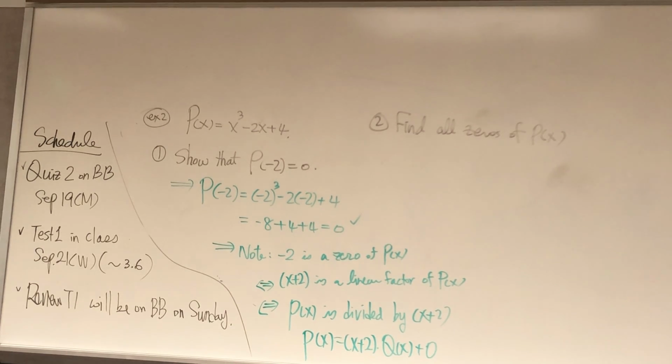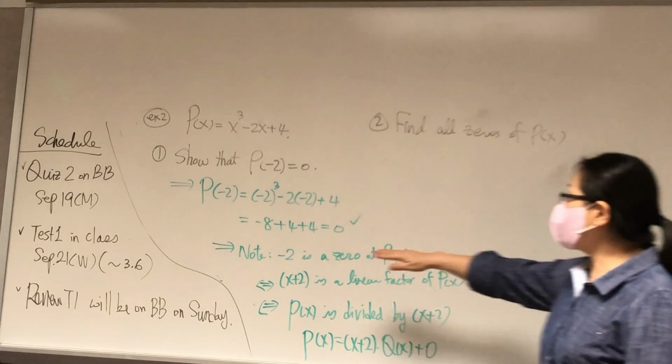Can we solve this using the quadratic formula? No, you cannot. So what do you need to do to figure out Q of x? The question is asking for that specifically.